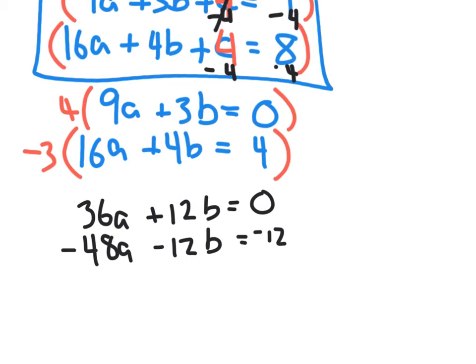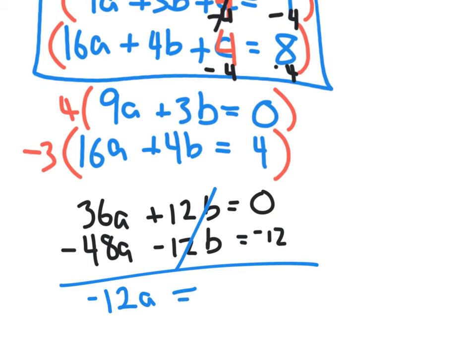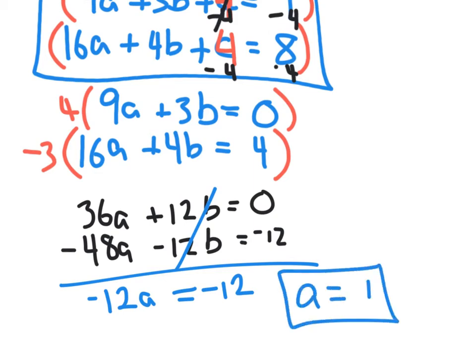And when we combine, cancel, what is negative 48 and 36? That's negative what? 12. Thank you for answering. Negative 12a equals -12. Now what does that tell you about the a value? That a equals 1. So that's an answer. How do you find the b value if you already know your a value?